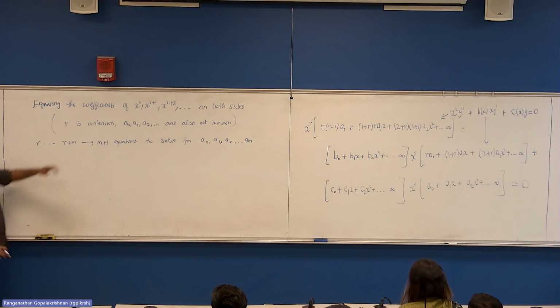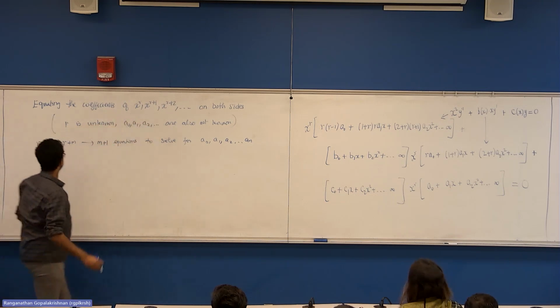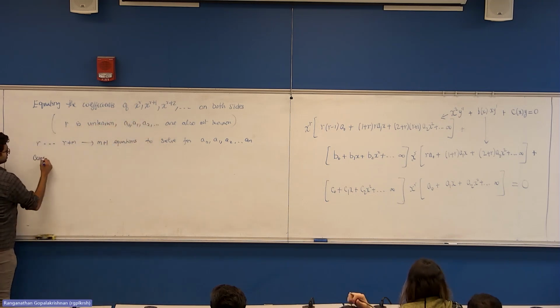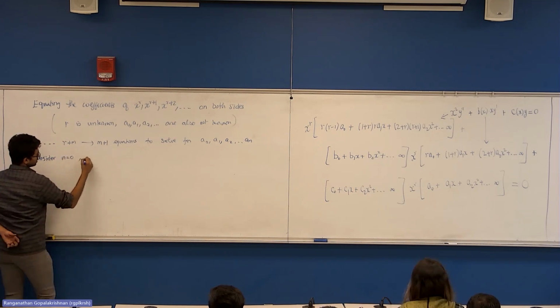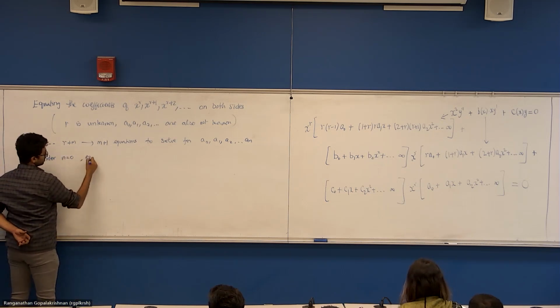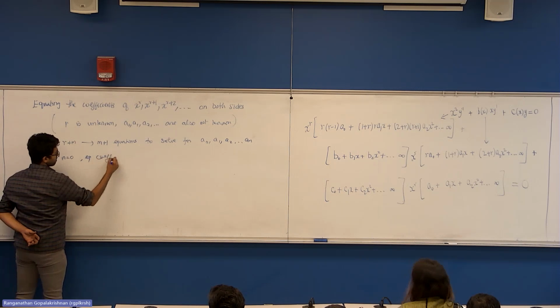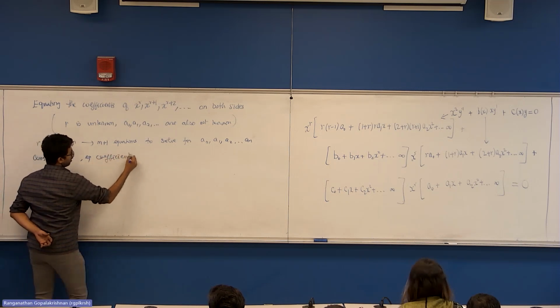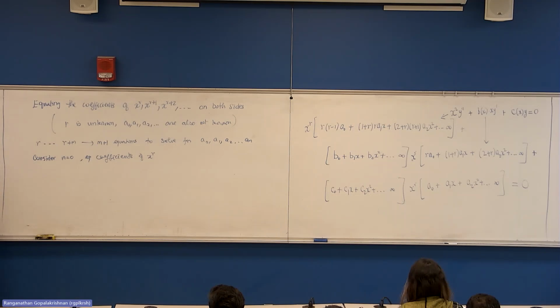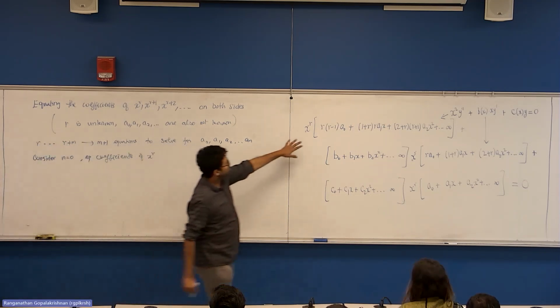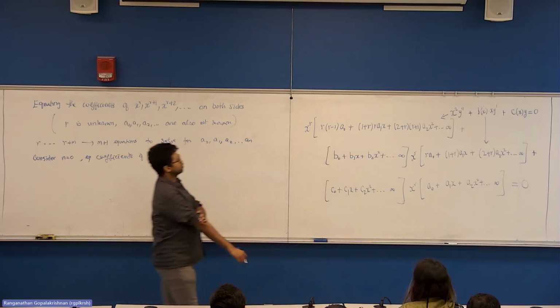If you take the smallest power, consider m equals 0, which talks about coefficients of x power r. What would that be? Just collect the coefficients of x power r and equate them to 0.